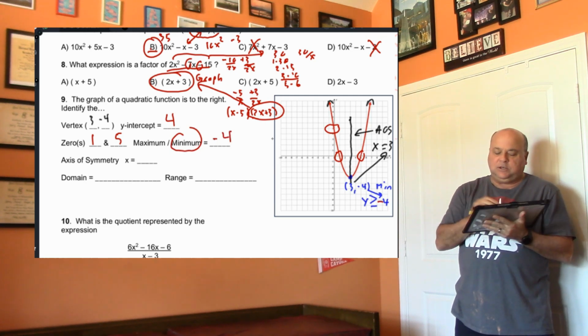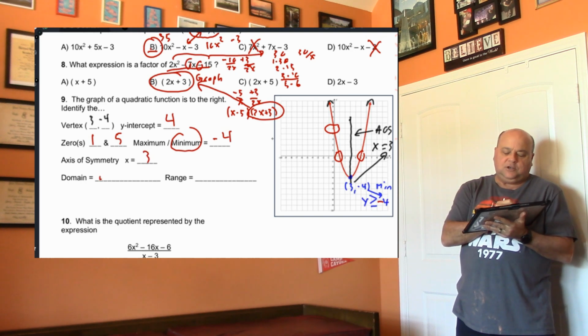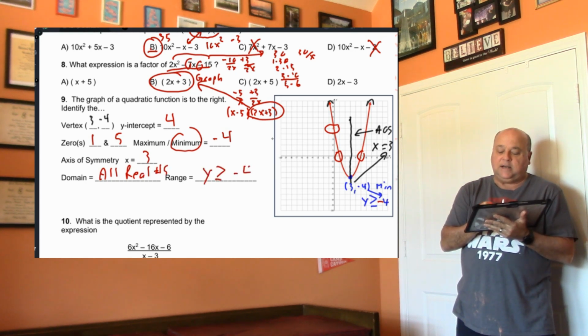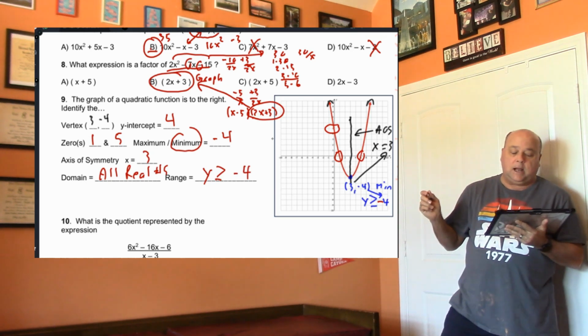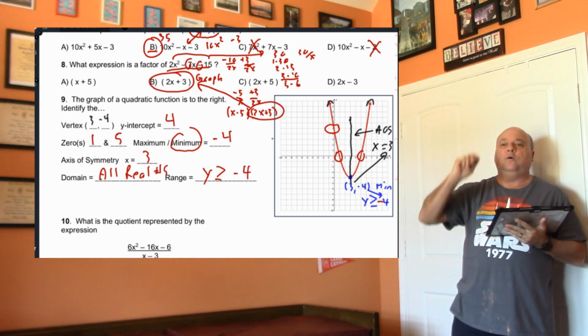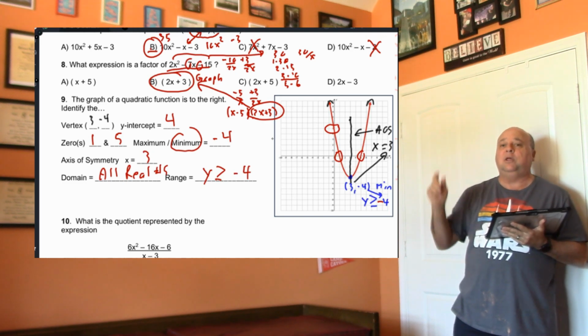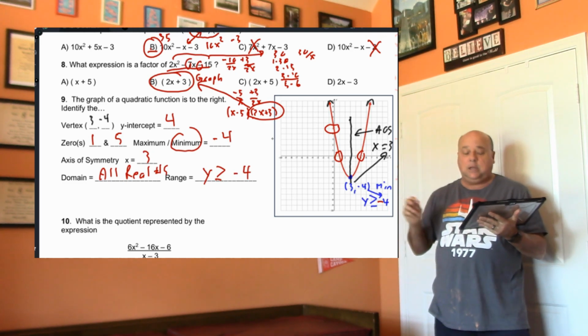The axis of symmetry was x equals 3. The domain's all real numbers. And the range is y greater than or equal to not positive 4, but negative 4. Make sure you can get all those points from that sketch of the parabola. You got to know all of that.